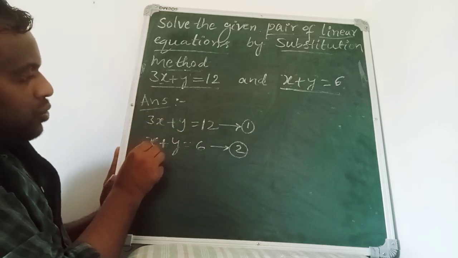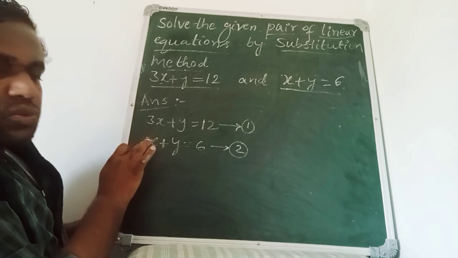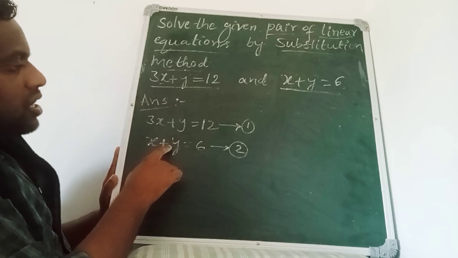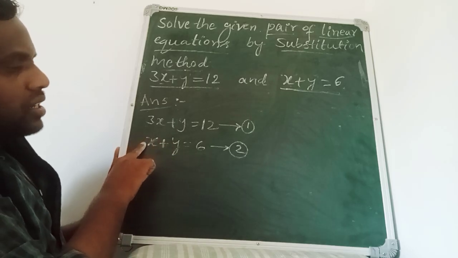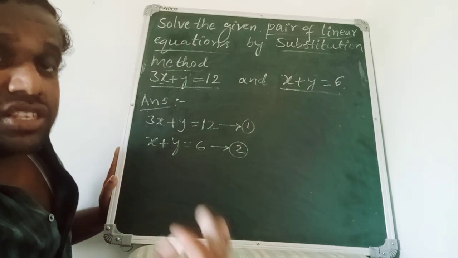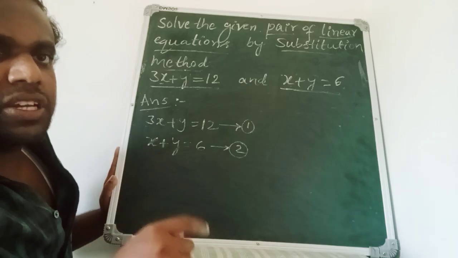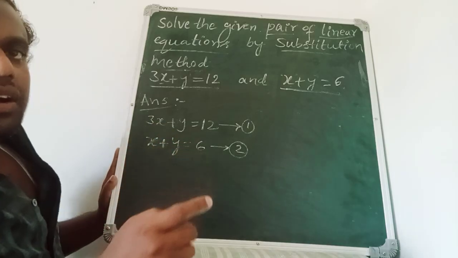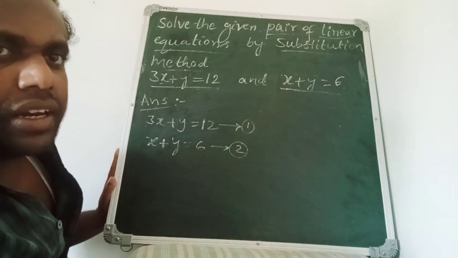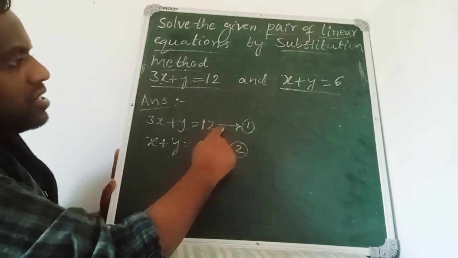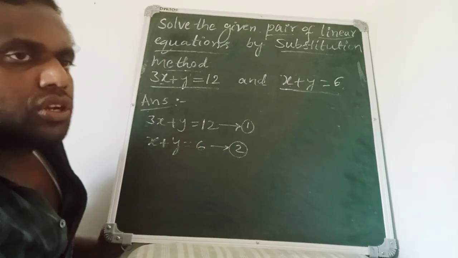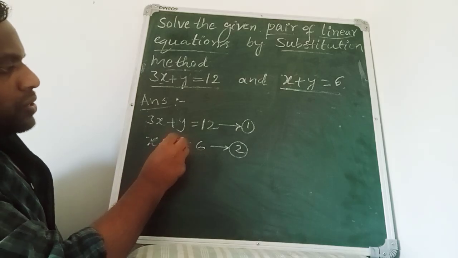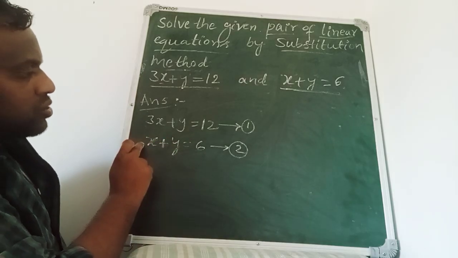But here coefficient of x is also 1, and the coefficient of y is 1. If here also 1, here also 1, then it will be easy for us to find the expression for one variable. Here 3 is there, so it is a little bit lengthy. You can use either this equation or this equation to find expression for any one variable.